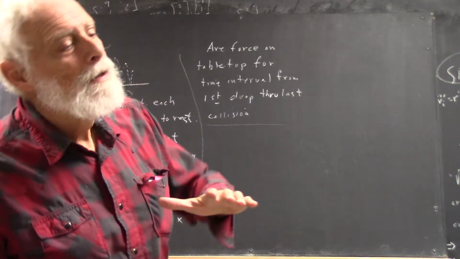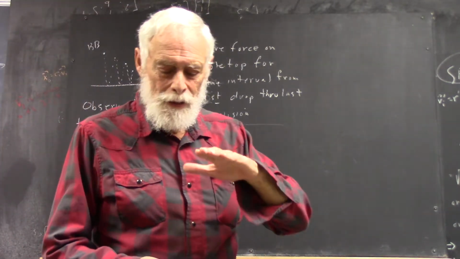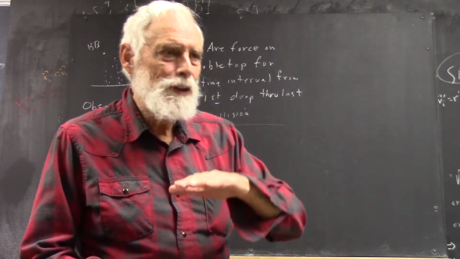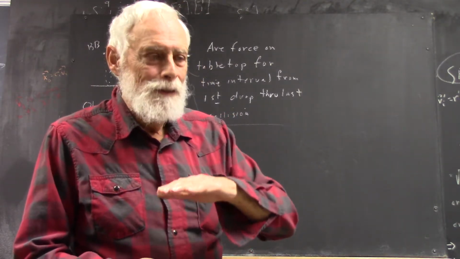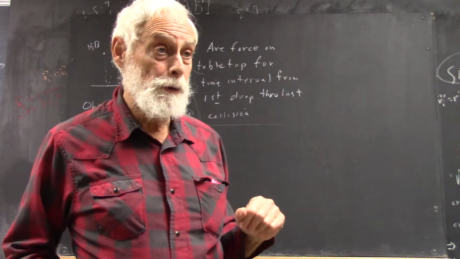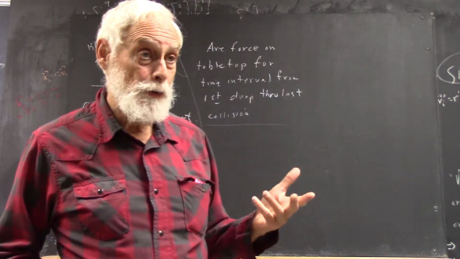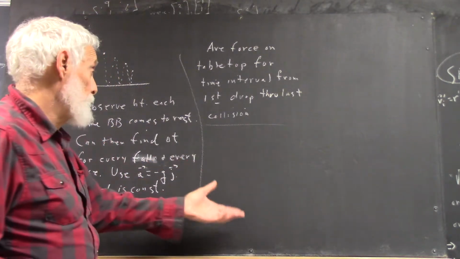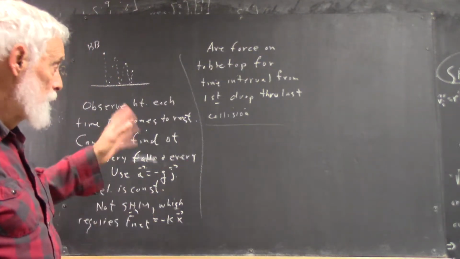But you can't analyze much about the actual millisecond or whatever it takes that this thing's in contact with the tabletop, okay? You just can't do it. You could model it with more advanced techniques that I've mentioned, but you can't do it.